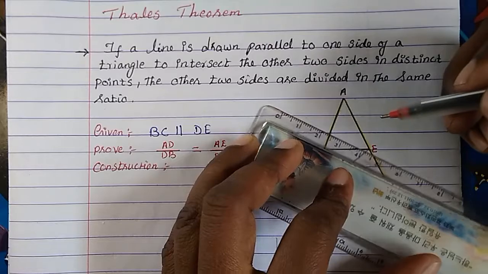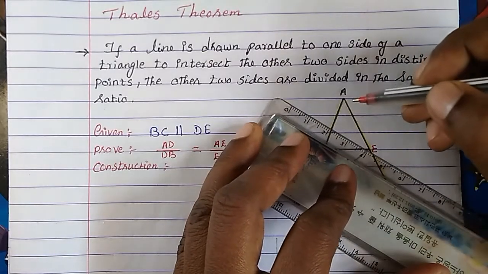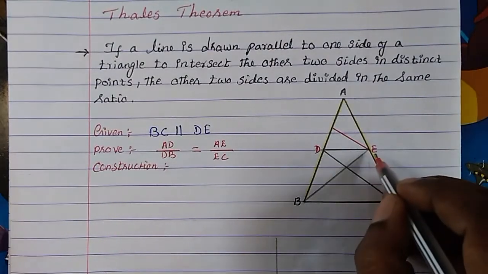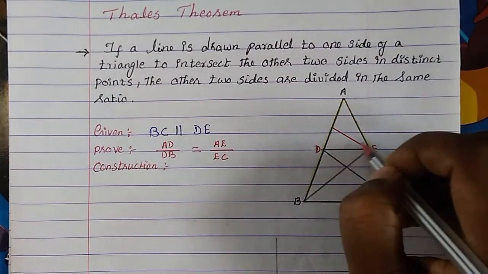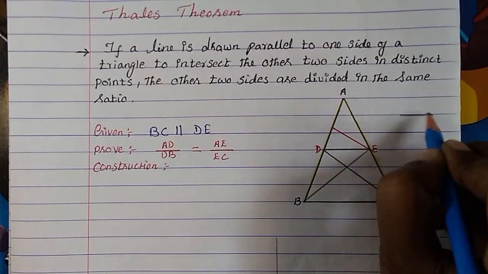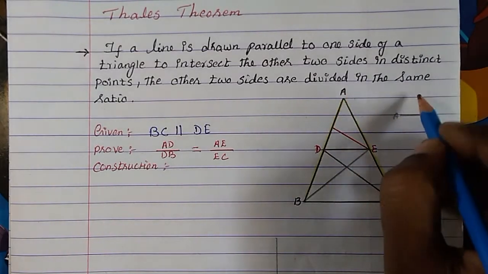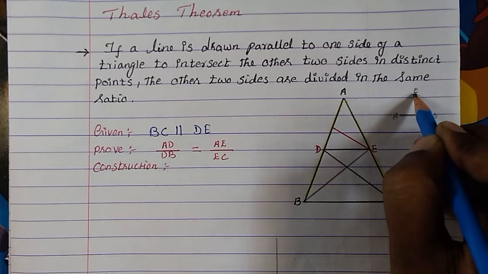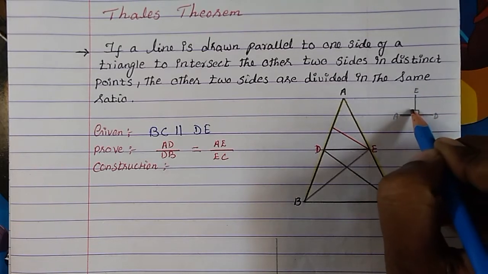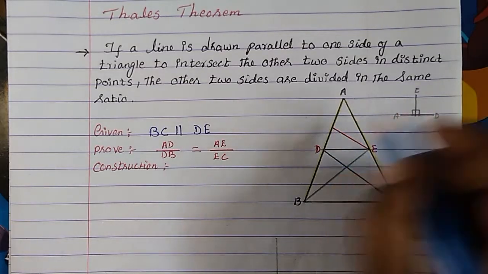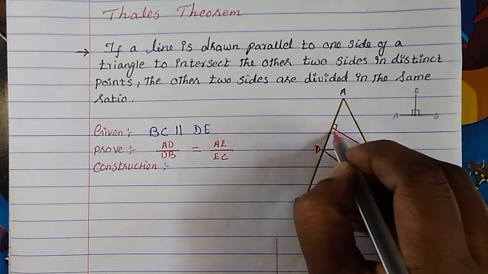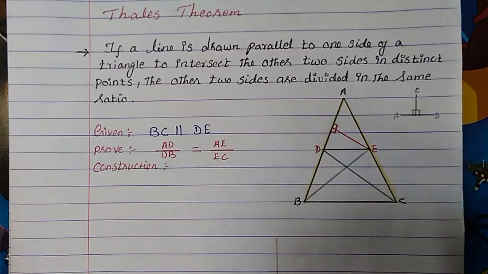So this is the perpendicular and this is the base. I hope you are understanding. If this is AD, then this is E. So we are drawing a straight perpendicular line which will give us 90 degrees.